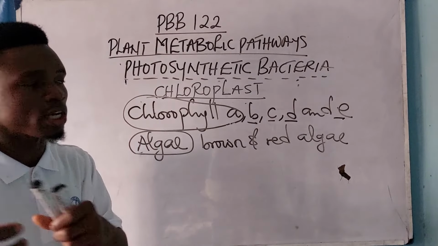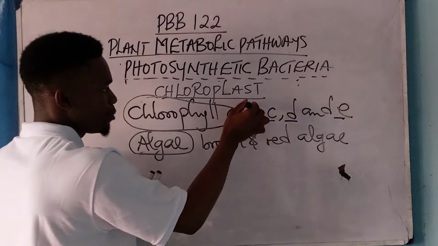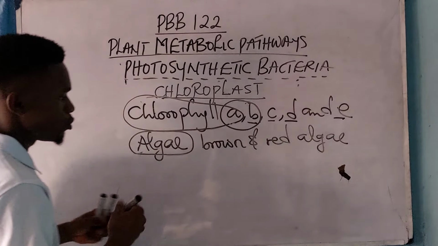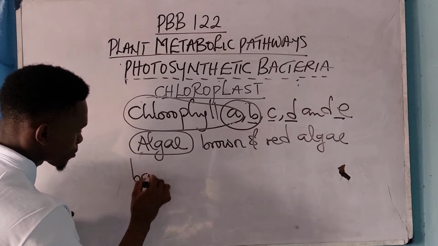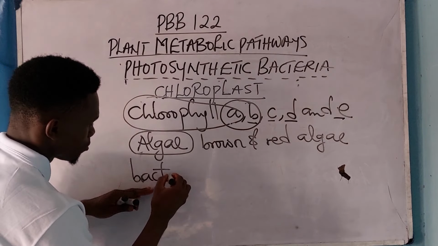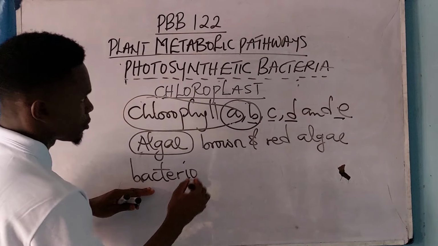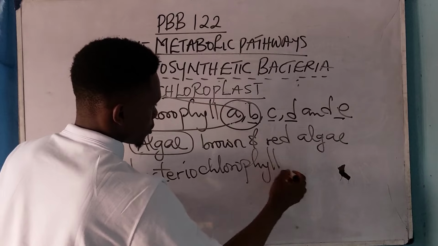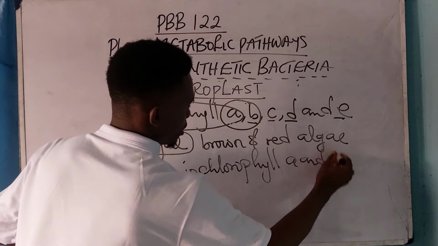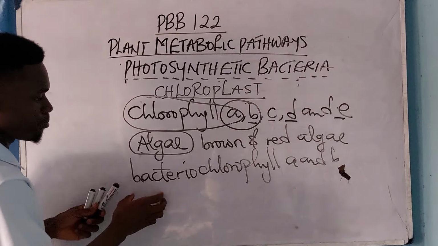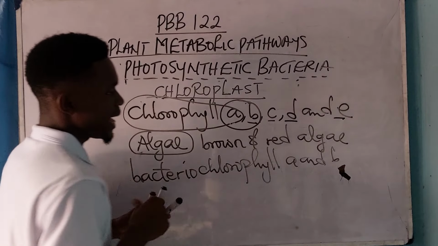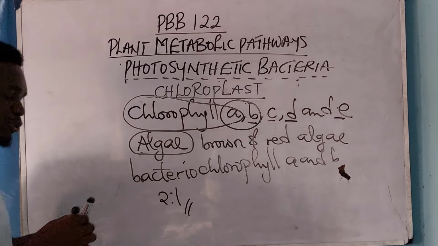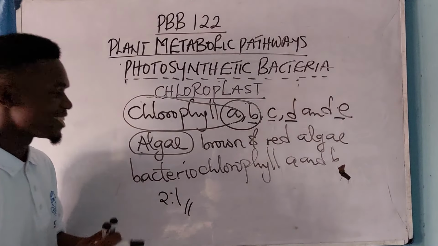Since they are found in bacteria, you call them bacterial chlorophyll A and B, and they occur in the ratio of 2 to 1. Take note of that.